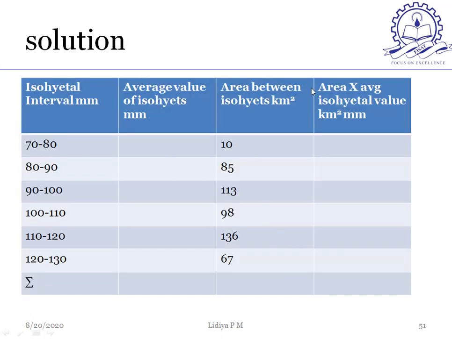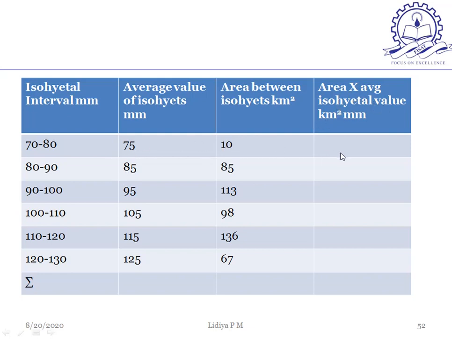So draw a table like this. First step, you have to calculate the average value of isohyets, that is 70 plus 85 divided by 2. These data are given in the question. So this is the average value. Then area into average isohyetal value in kilometer square.